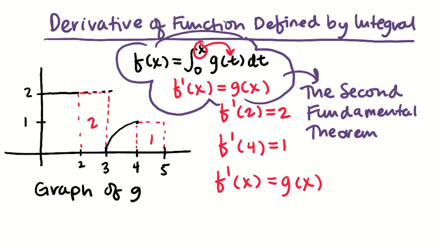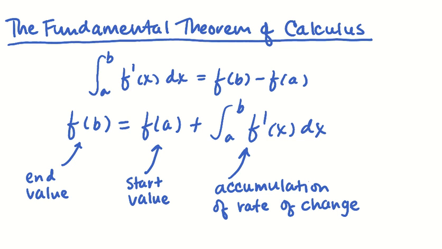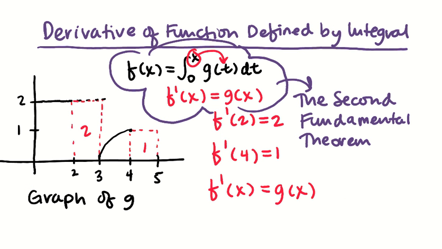Now, I'm going to flip back over to the original fundamental theorem, which pretty much said that there was the connection between the antiderivative and the area under the curve, but it also said that the antiderivative of the derivative is the original function. Whereas the second fundamental theorem says that the derivative of the integral is the original function.